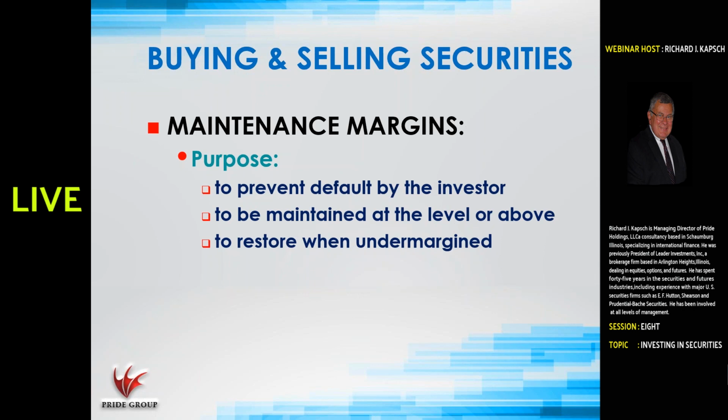The brokerage firm never wants you to get in their pocket. They want to make sure that there's always excess funds available in case your position goes against you. Second, once they've calculated the maintenance margin, the customer has a requirement to maintain their position at the maintenance level or above. And when it goes under margin, then they have to put in additional funds to restore it to that level.